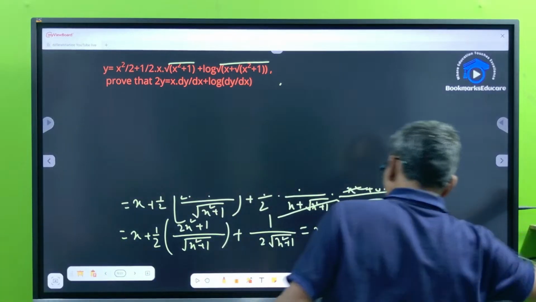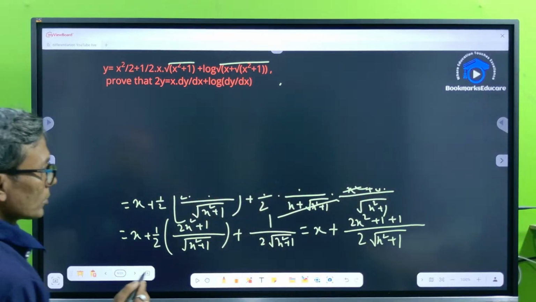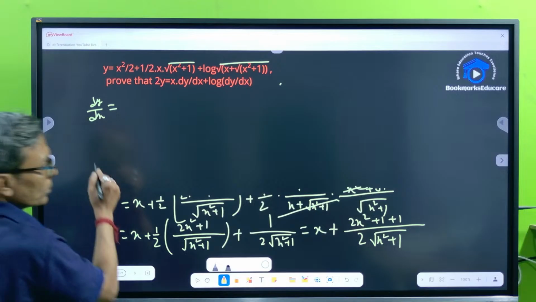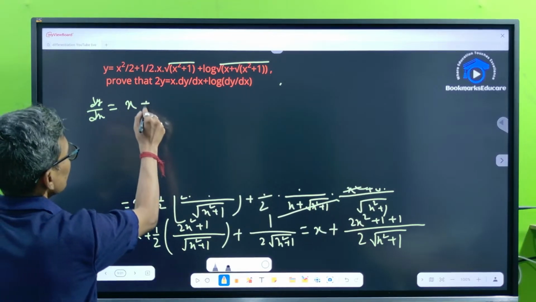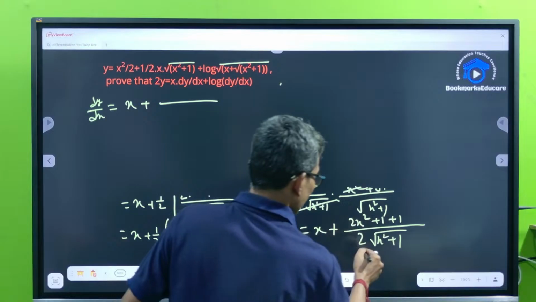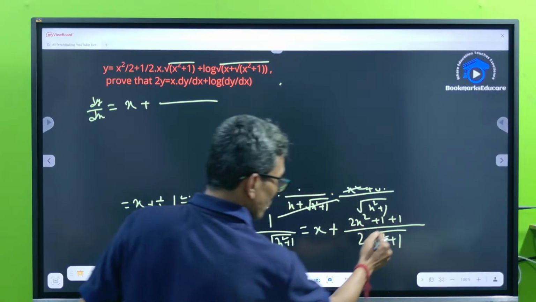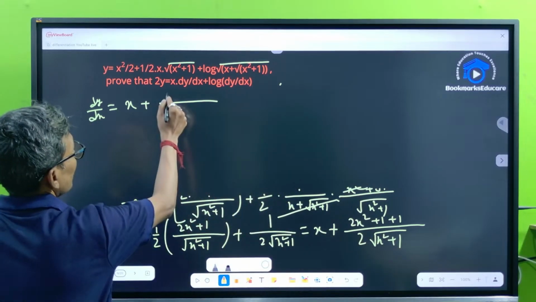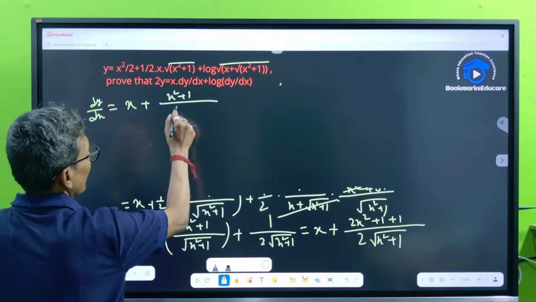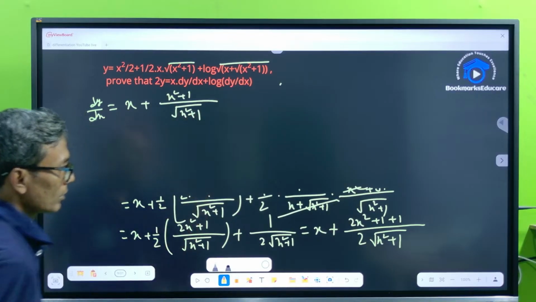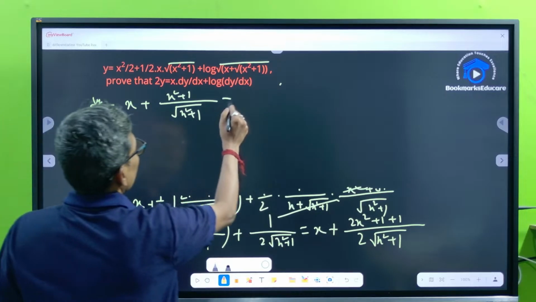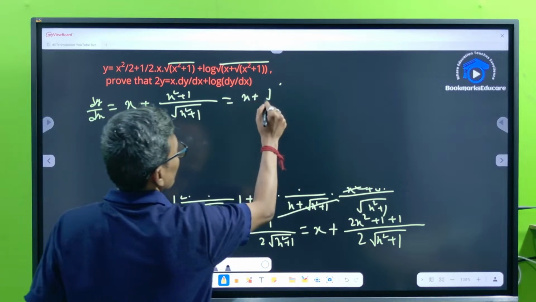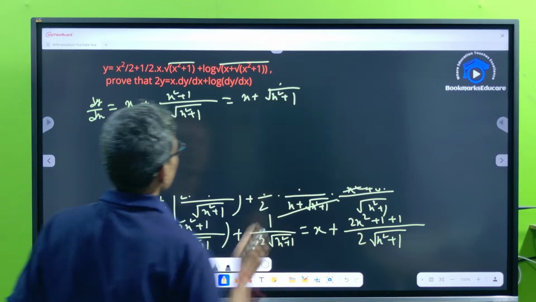So dy by dx is equal to x plus, 2 is common and cancels out, 2x square plus 2 by 2 into 2 to the power of x square plus 1. So x square plus 1 by 2 to the power of x square plus 1. Okay. So x plus, rationalizing, what will it be? Root over of x square plus 1.